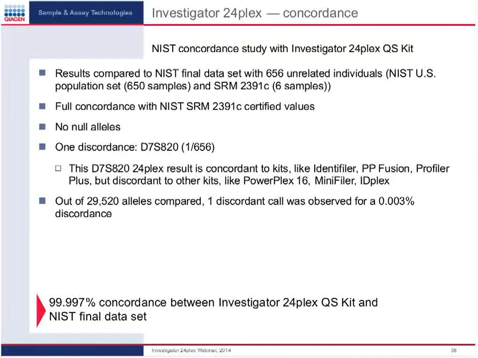So this is 0.003% discordance, or the other way around, you have a 99.997% concordance between the Investigator 24Plex kit and the NIST final data set. So with this 24Plex kit, we have fixed all the discordances known so far, and you will get really reliable and very high quality results.